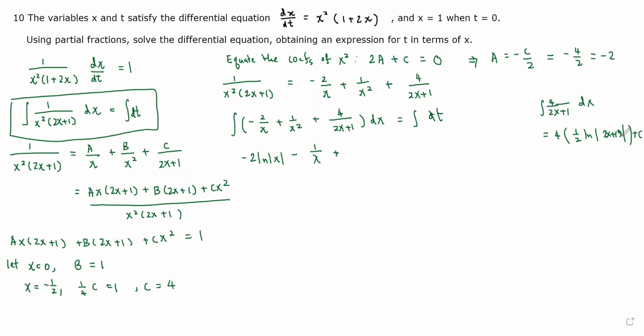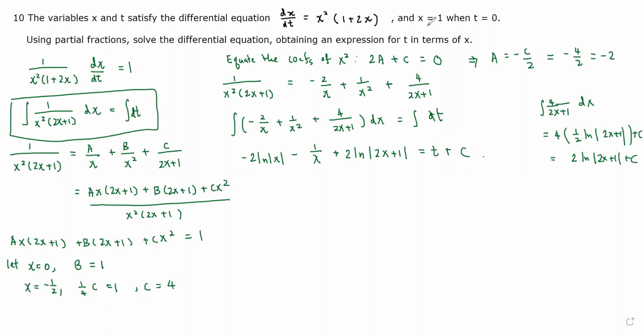So this gives us 2 log of 2x plus 1. And on the right, we have t plus a constant of integration.